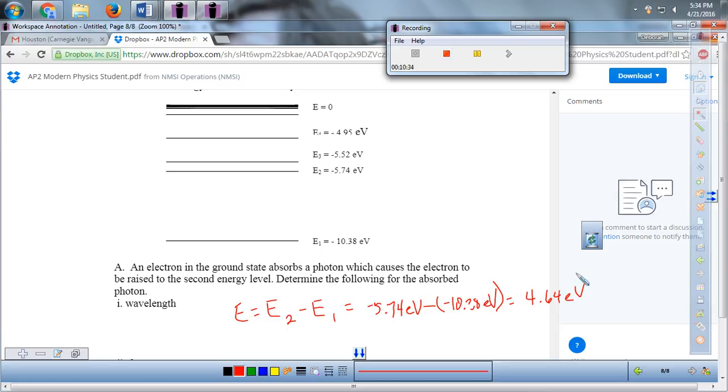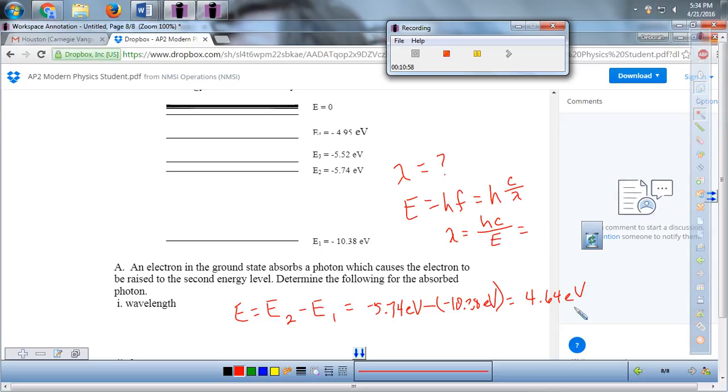And I said, well, I want lambda. So I know that E is equal to hf, Planck's constant times frequency. But hf can be rewritten as h, speed of light, divided by the wavelength. So the wavelength is going to be hc over E.